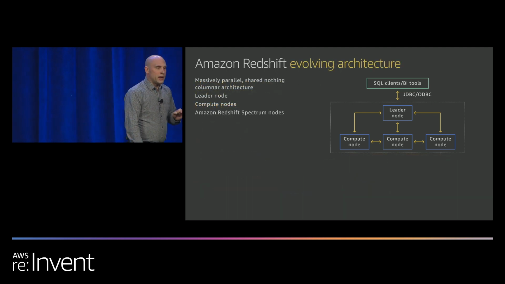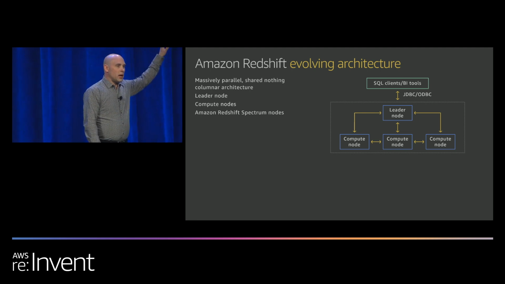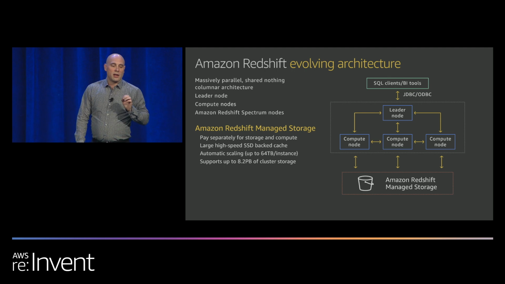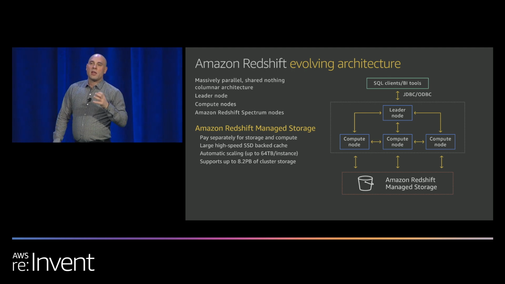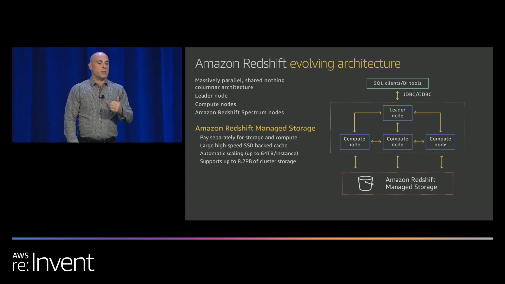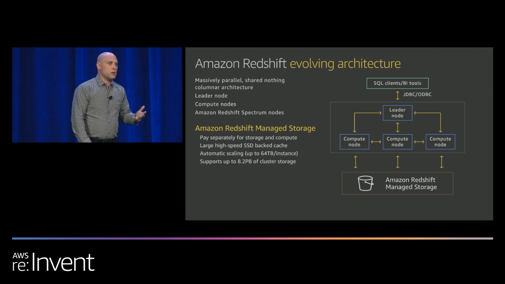But the Redshift architecture is evolving. All of the same stuff that I just talked about in the top left, but yesterday we announced Redshift Managed Storage. This effectively separates storage and compute and allows you to provision each of them independently. So you can purchase the number of compute nodes you want.